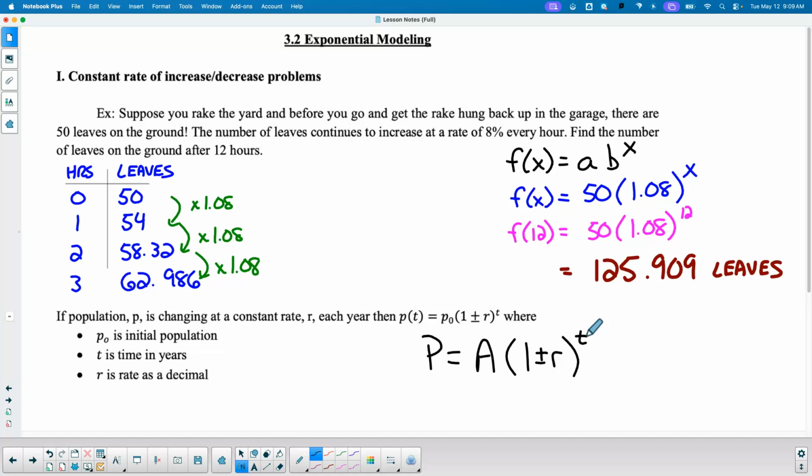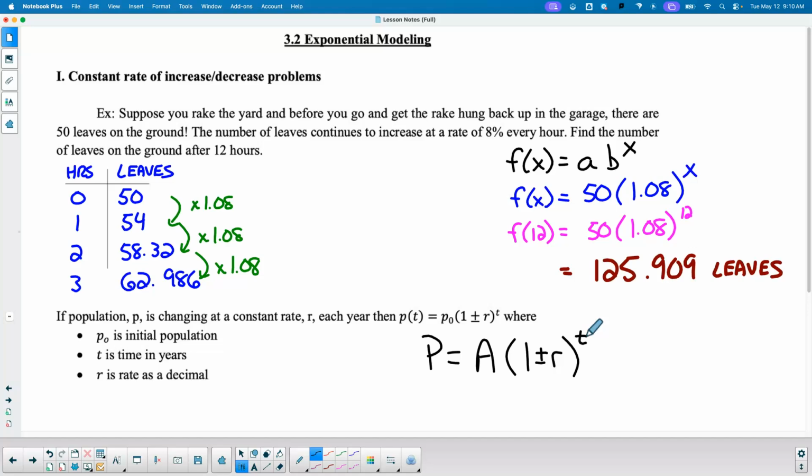We just used it in terms of hours, so we can use that same formula in terms of hours. It doesn't have to be years every single time. We could do minutes, days, weeks, etc. Whatever unit it is in, that's what unit you then are in.